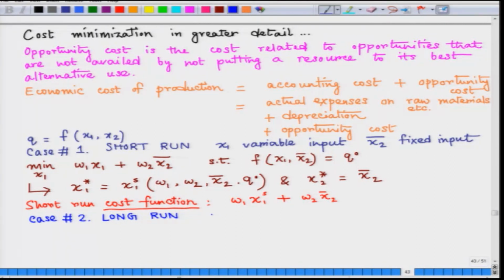Here the optimization problem will become W1 times x1 plus W2 times x2. This objective function has to be minimized with respect to two inputs, and there will of course be a constraint, which is basically the output constraint.